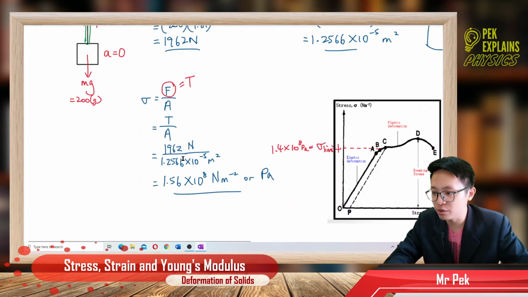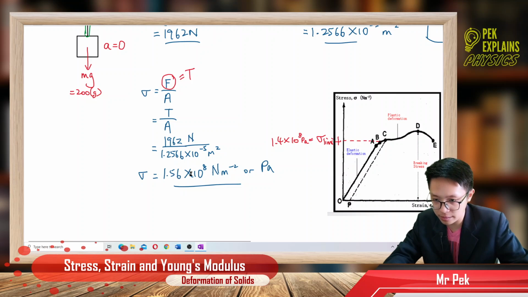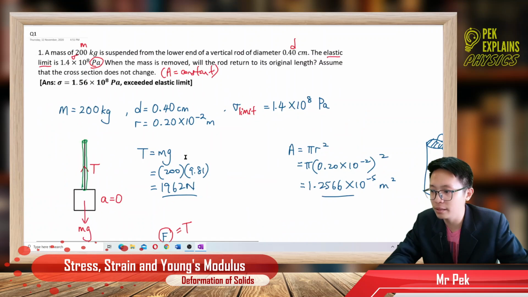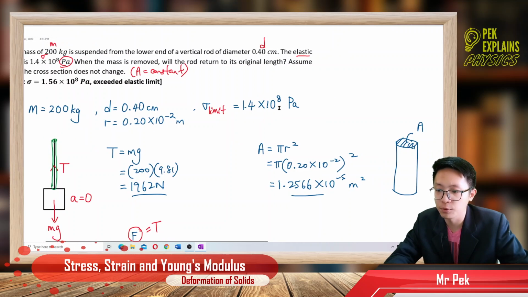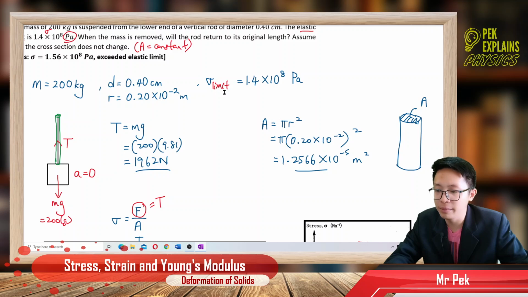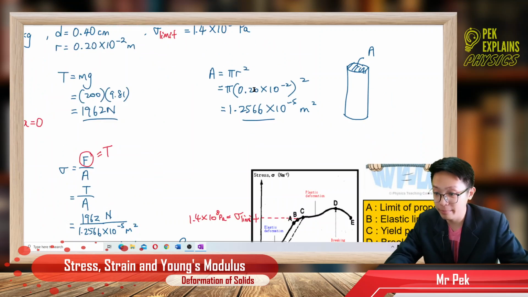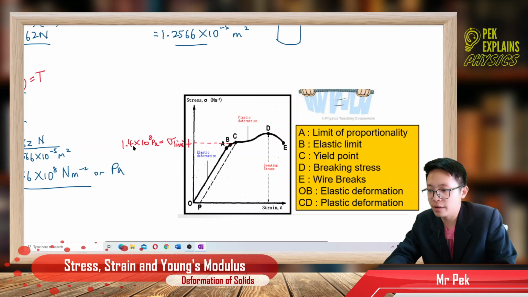So is this stress over the elastic limit? The stress limit is 1.4 exponent 8 Pascal. The stress experienced is 1.56, but the limit is just 1.4. That means the limit is 1.4, but the stress is 1.56 exponent 8 Pascal.